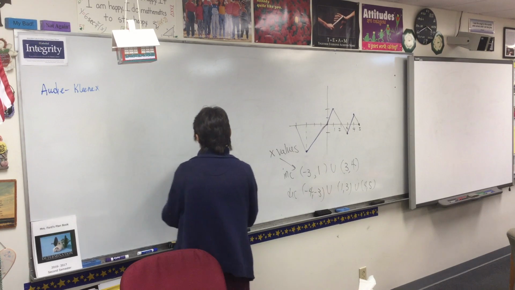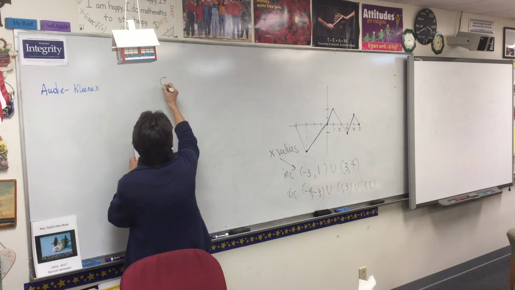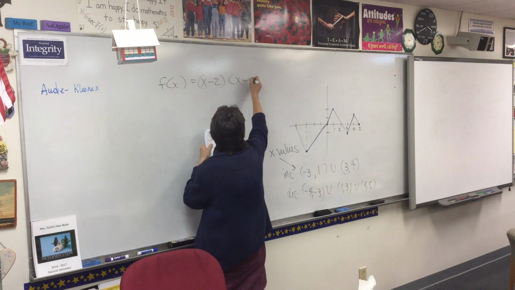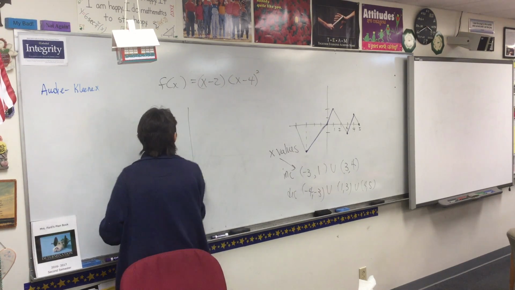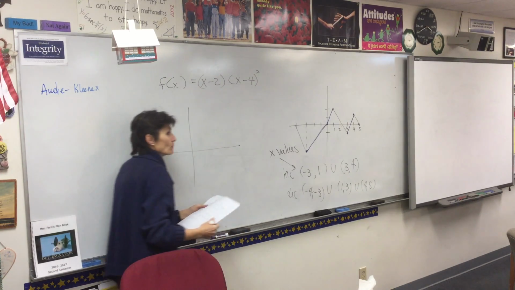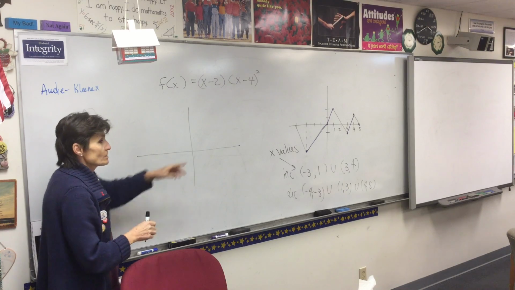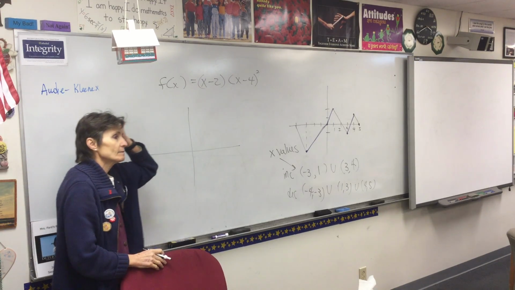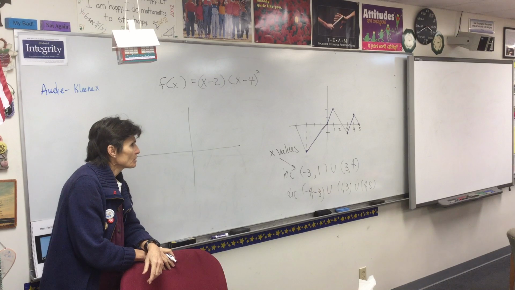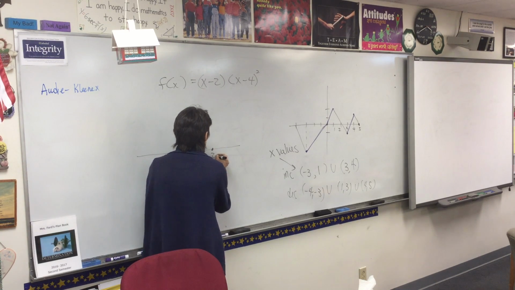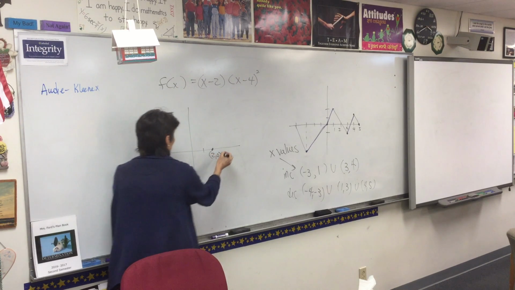All right, so number 15. It doesn't say to graph it, but I'm going to because I think it helps us answer the questions. What's the first thing we do when we graph something like that? Put some dots on there, right? And the dots are going to go at 2 and at 4.